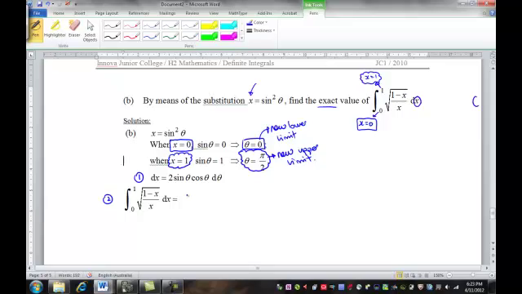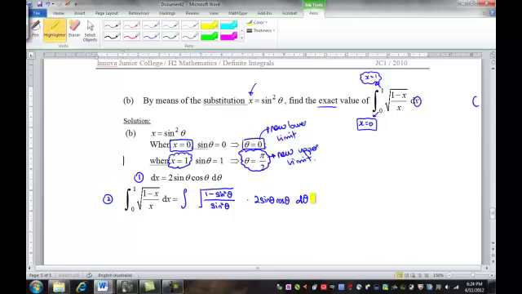You replace all the variables in x to become the new variables theta. So integrate square root 1 minus sine square theta divided by sine square theta. Dx becomes 2 sine theta cos theta d theta.